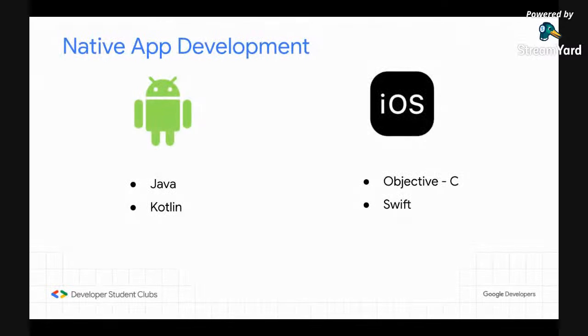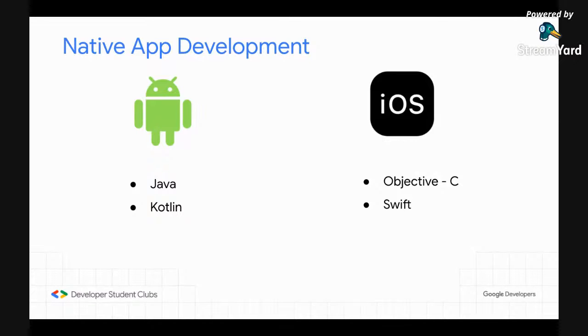and learn what is native app development. Native app development is basically a process through which we create an app that works on any one of these platforms, that is Android or iOS. For Android, we have to learn Java or Kotlin, and for iOS, we have to learn Objective-C or Swift.